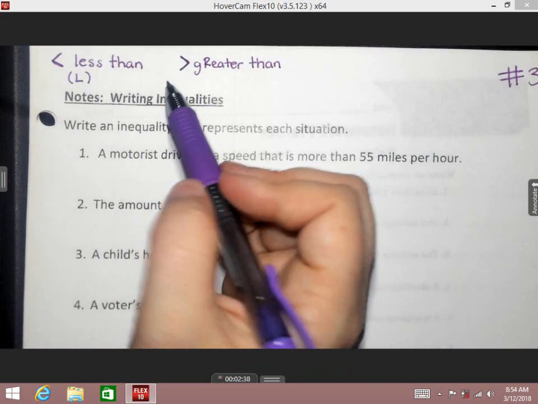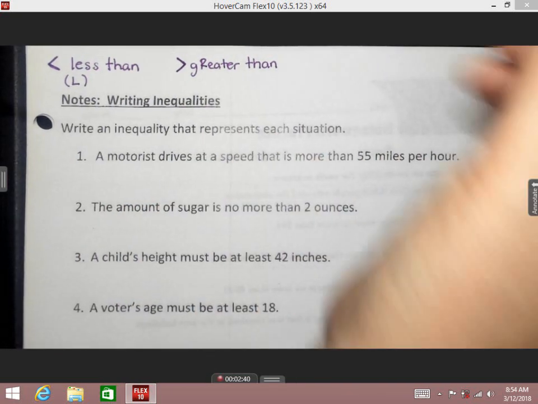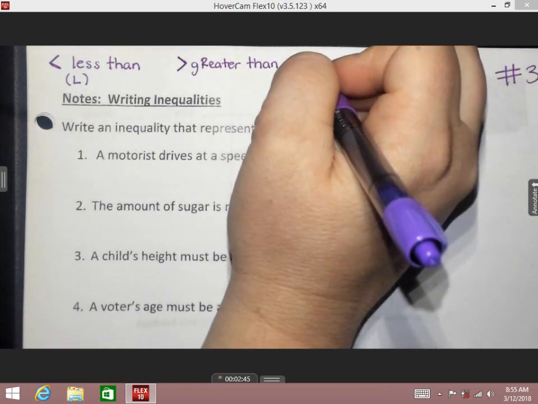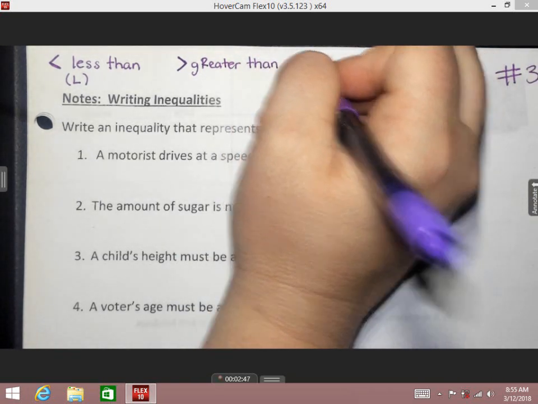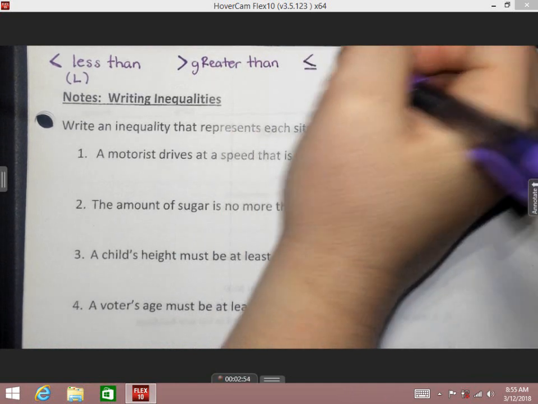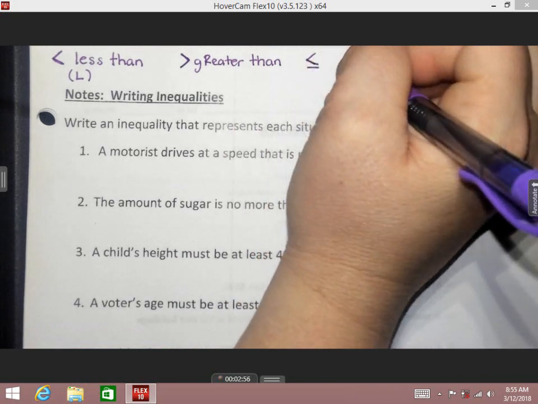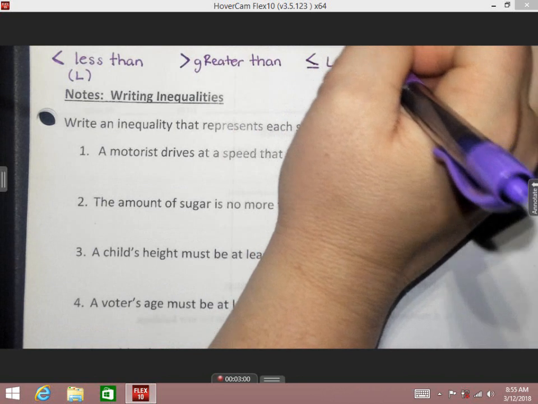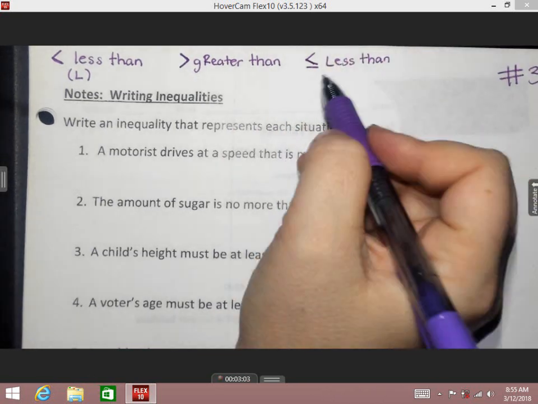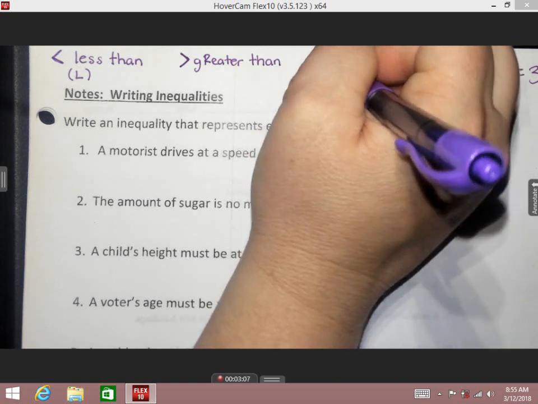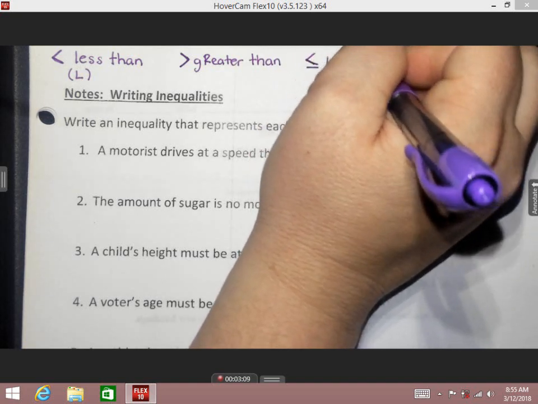Okay, we also have some other symbols that are very similar to these. It's going to be my arrow pointing to the left, but I'm also going to have a bar underneath it. So what that means to me is that it's left, so it's going to be less than. What that bar means, it means that it can be less or it can be equal.